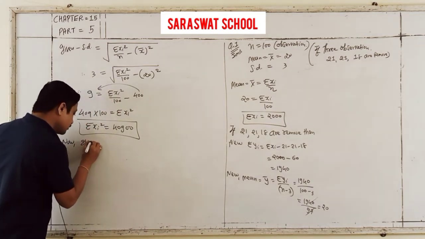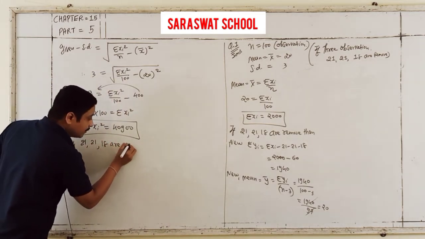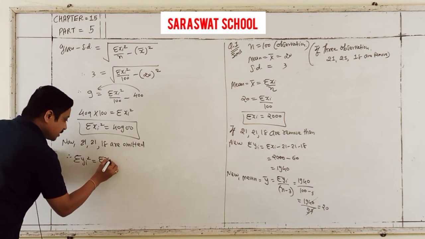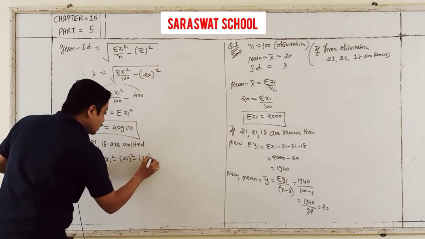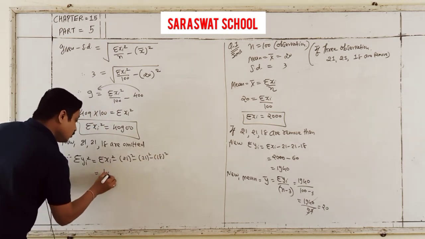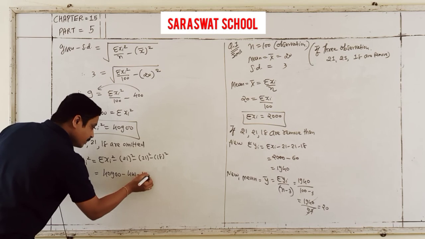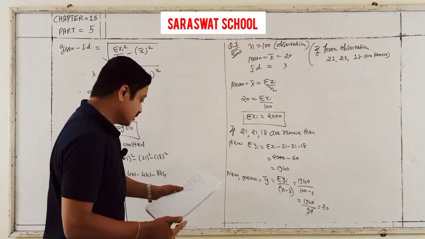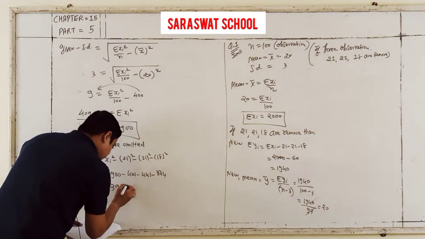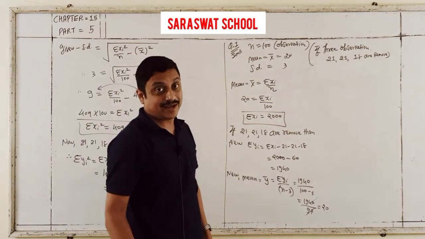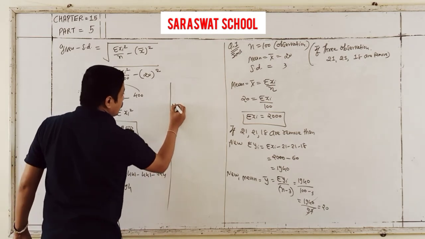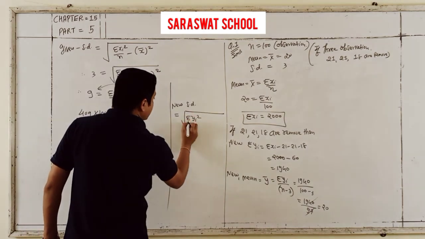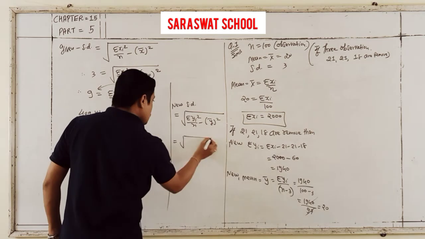Now these observations are removed from that. So 21 and 18 are omitted. That's why sigma yi square, students, is sigma xi square minus 21 square minus 18 square. We get 40900 minus 441 and 324, and just using the calculator, students, I write down the direct value. It is 39694. And going to finally the new SD, standard deviation, under root sigma yi square by n minus y bar square.